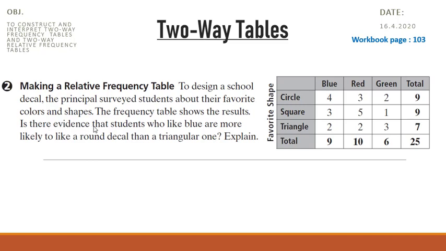Is there evidence that students who like blue are more likely to like round or triangular decals? Let's see here on the table. We have blue and we need to compare circle, which is round, and triangle. So we need to find the relative frequency according to the column or the row.